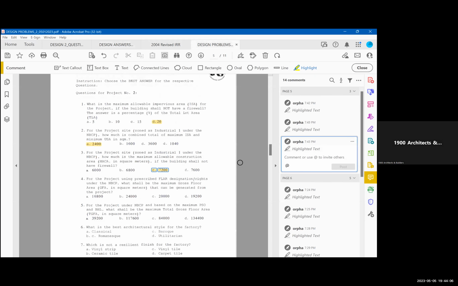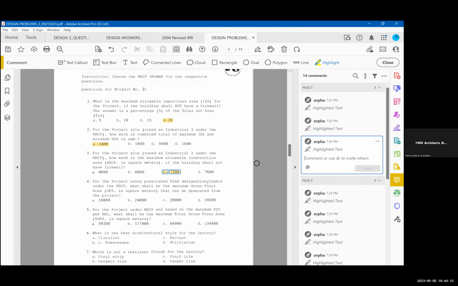Okay, so number 4. For the project using prescribed FLAR or designation rights under the NBCP, what shall be the maximum gross floor area that can be generated from the project?